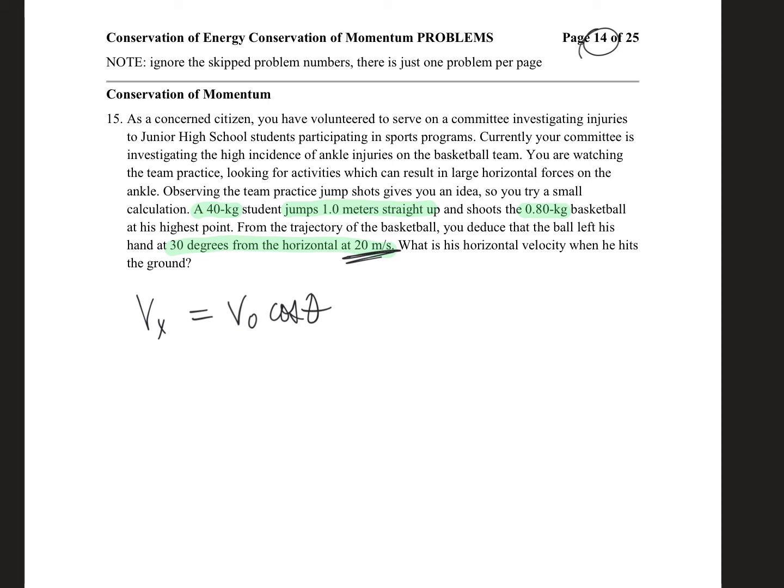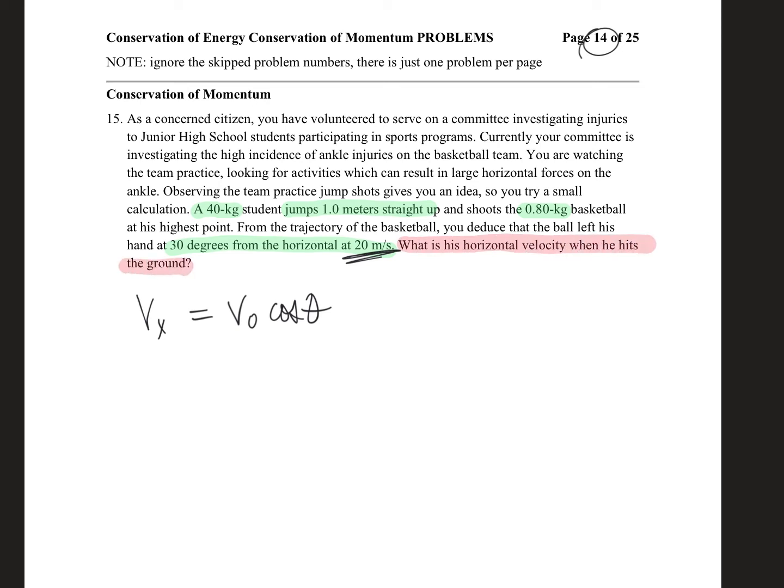All right, so here's the statement. Generally speaking, unless everything is in 2 or 3D vectors and we have a tool that lets us add, subtract, all that stuff, we need to flatten things out in one or more directions. But this question: what is the horizontal velocity when he hits the ground?